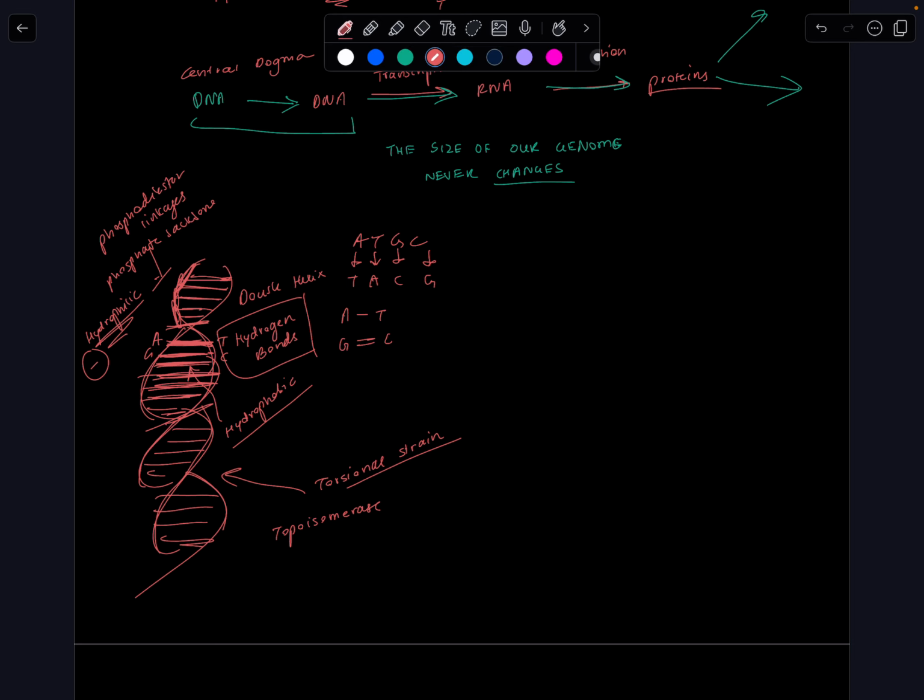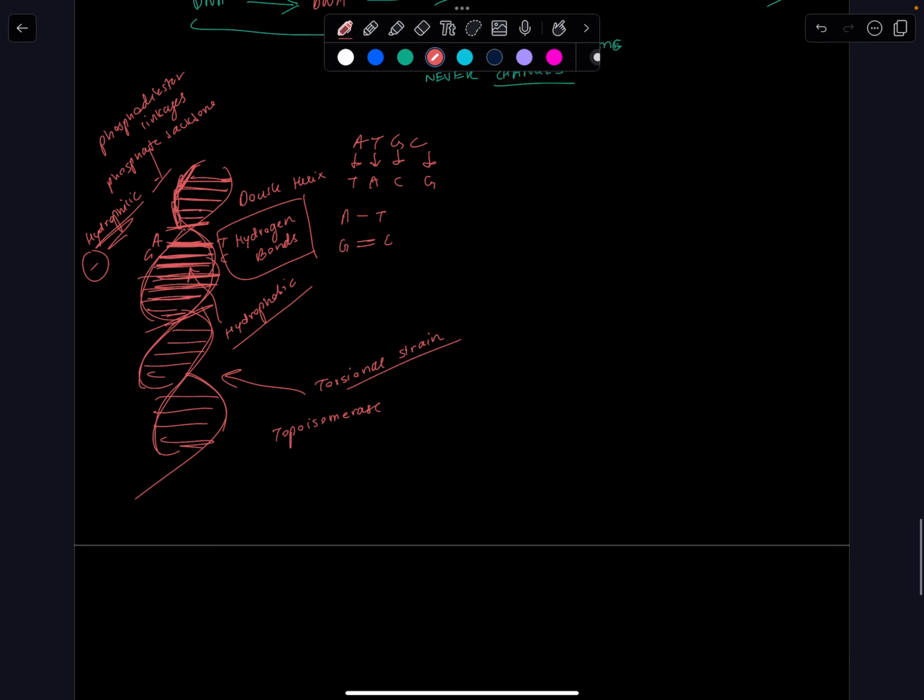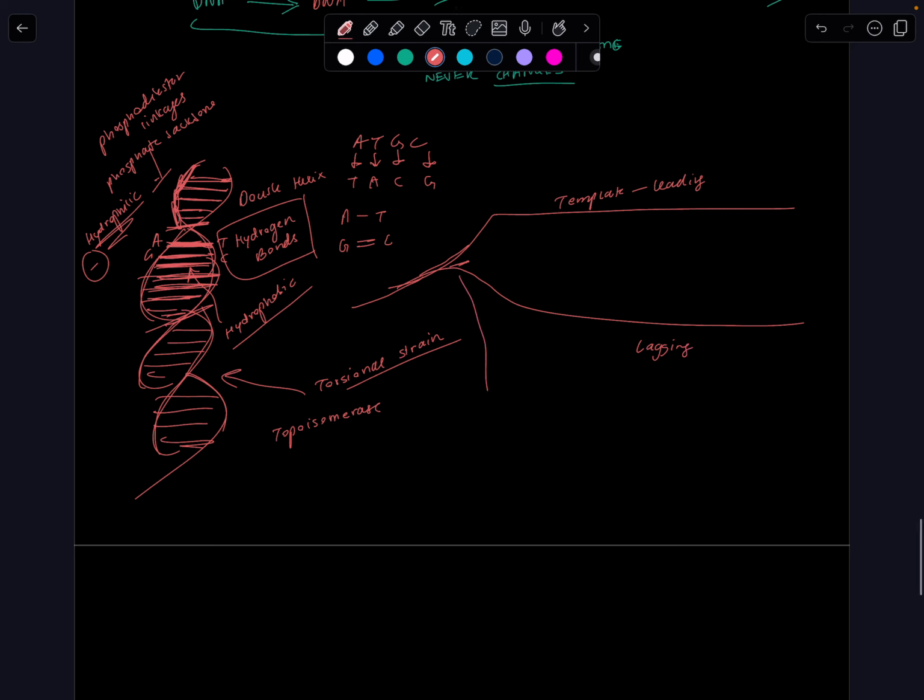So once we do that, now you can get to this picture, which I'm sure you all have seen before. The way that we are unzipping the DNA and making this top template, the leading strand, and the bottom lagging strand separate and visible to each other is by using an enzyme called DNA helicase.